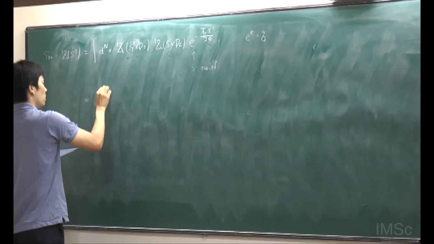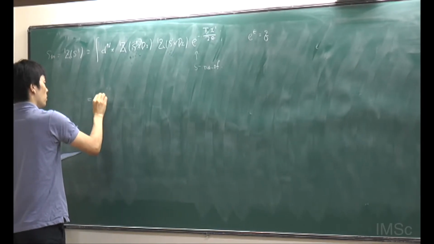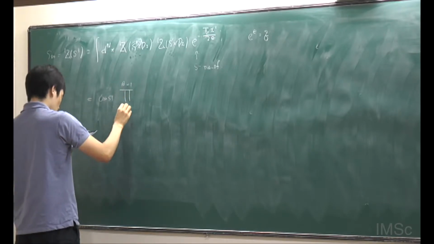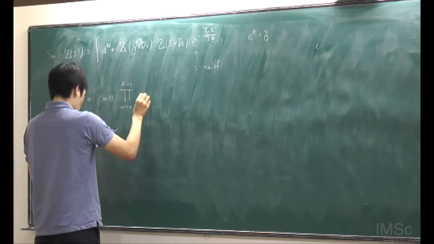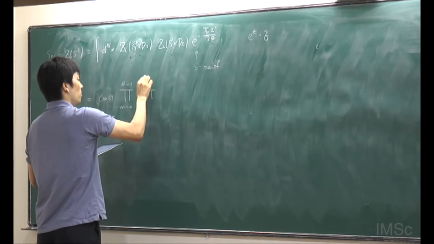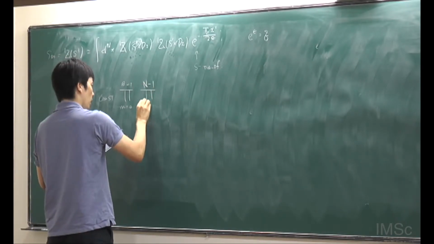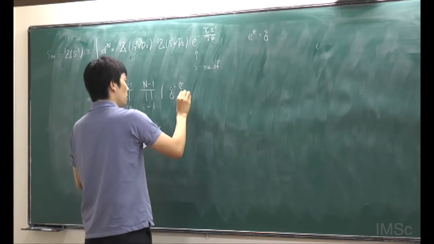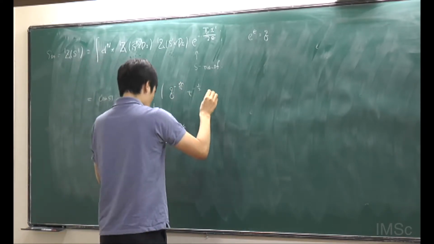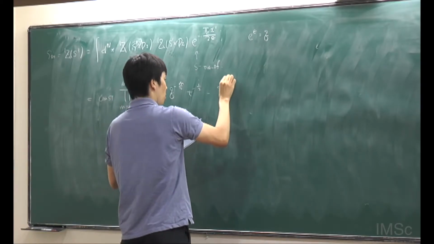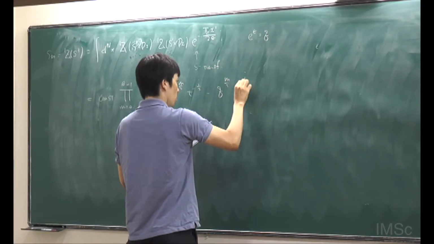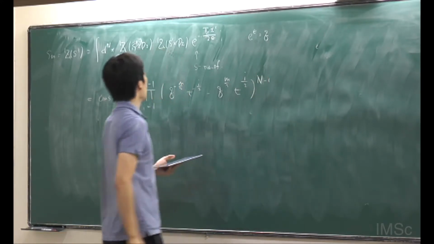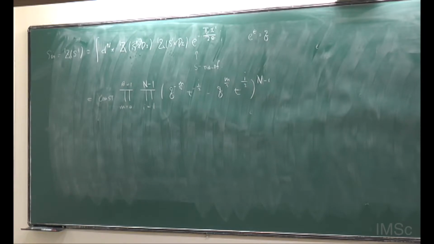This is some constant number times the product over m equal to 0 to beta minus 1, and i runs from 1 to n minus 1, of q to the minus m over 2, t to the minus i over 2, minus q to the m over 2, t to the i over 2, to the power n minus i. That's what you're going to get for S00.